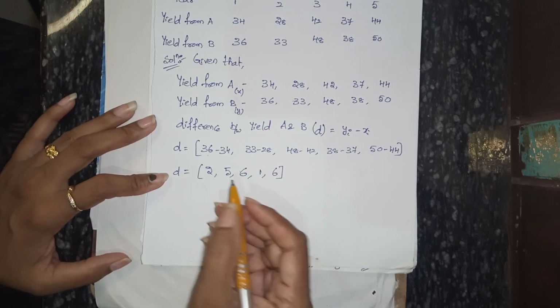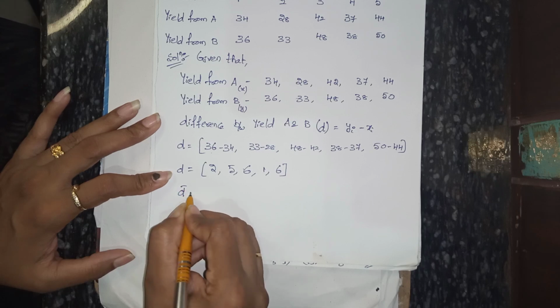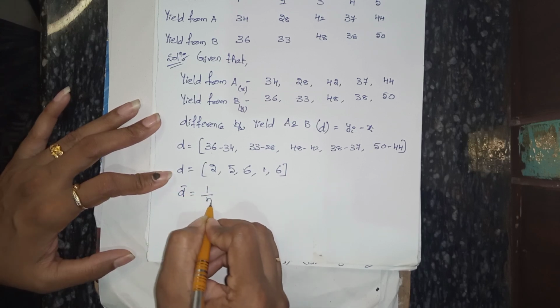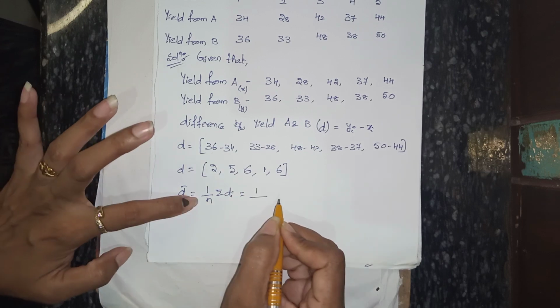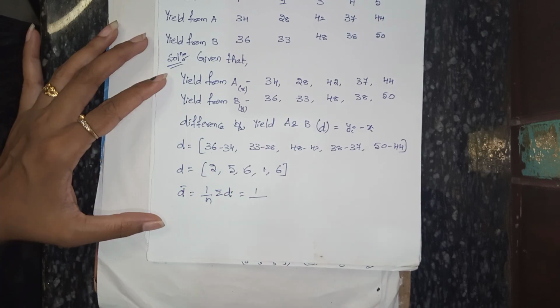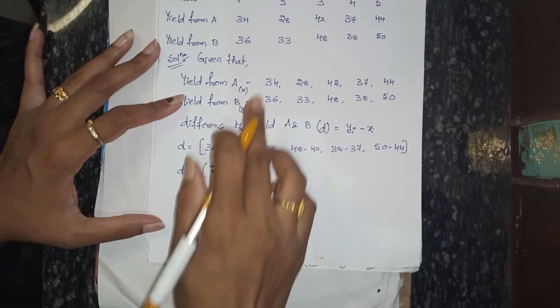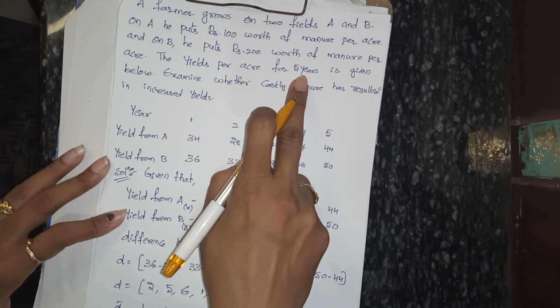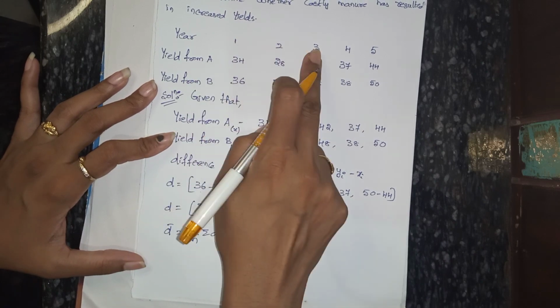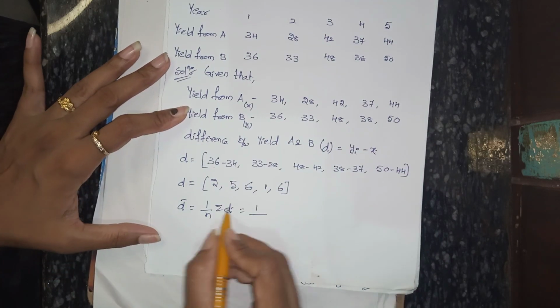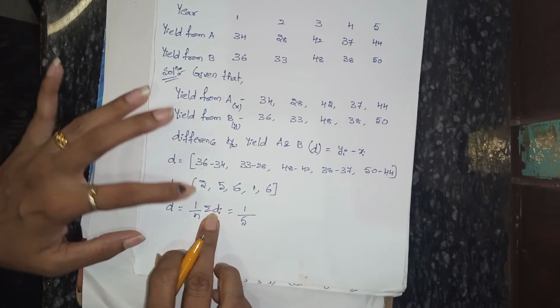Next we have to calculate D bar. What is the formula? D bar is 1 by n summation di. What is the n value? The n value is 5, since there are 5 years. Or else you can count: 1, 2, 3, 4, 5. So 1 by 5 summation di.